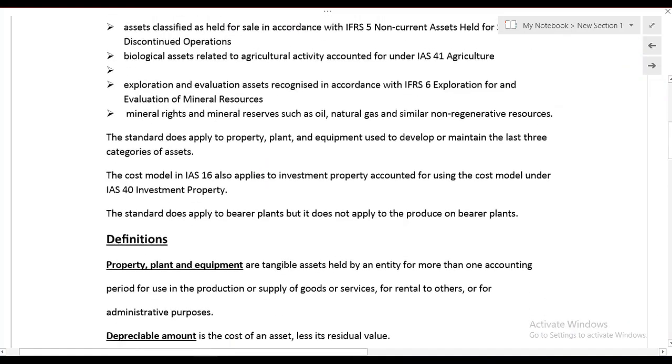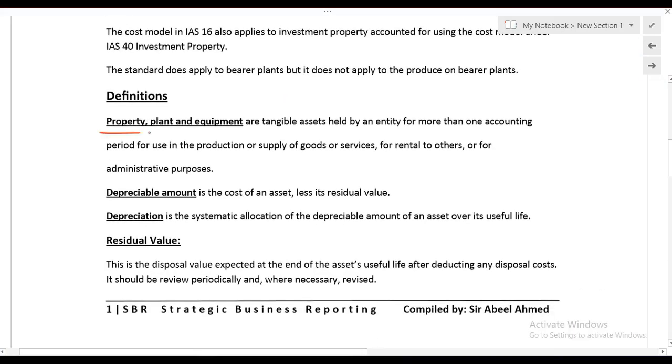Look at this. Property, plant and equipment are tangible assets held by an entity for more than one accounting period for use in the production, one possibility, or supply of goods, another possibility. For supply of goods, I give you the example of lorries.